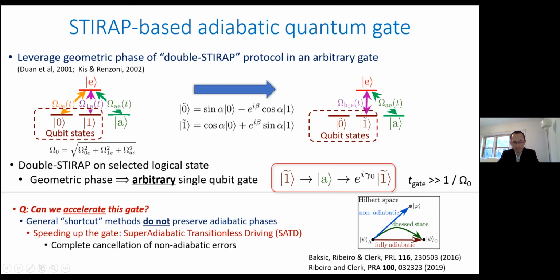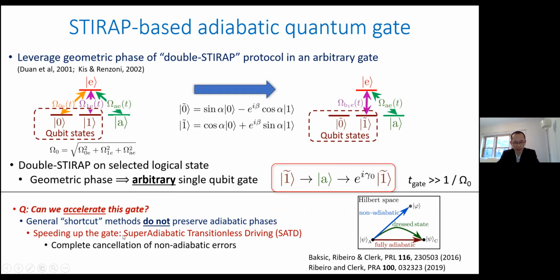There are a lot of shortcut to adiabaticity protocols, but the problem that we have here is a little bit different from what we normally think about. A generic shortcuts to adiabaticity protocol cannot be used for this problem, because not only do we need to cancel the non-adiabatic errors, we also need to preserve the geometric phase that we use for the single qubit gate.